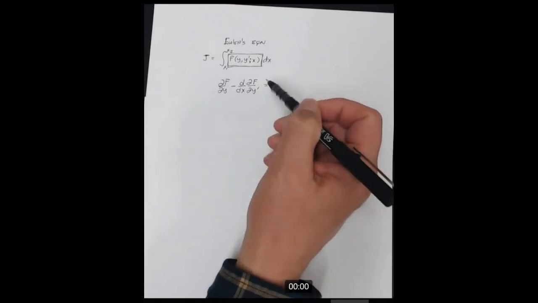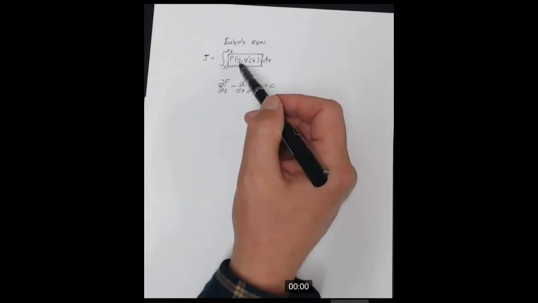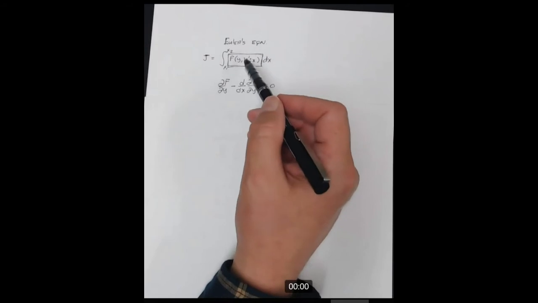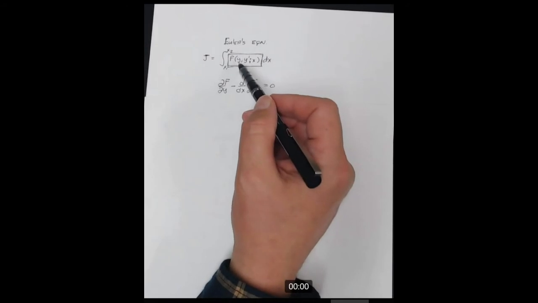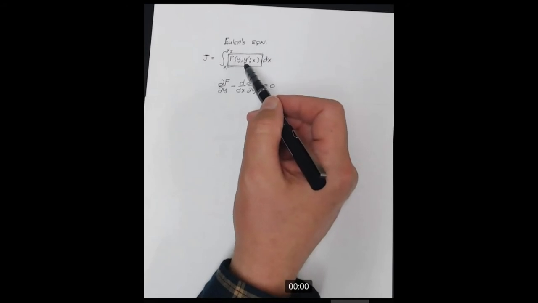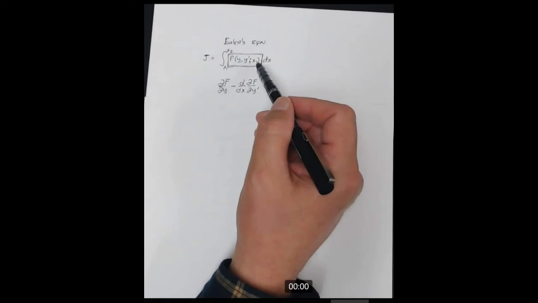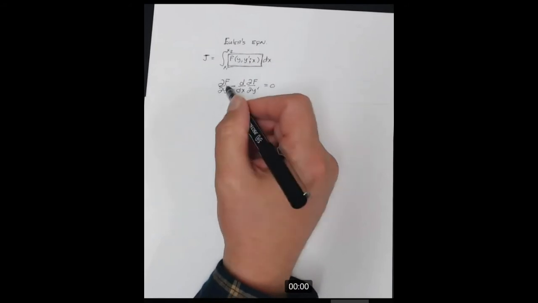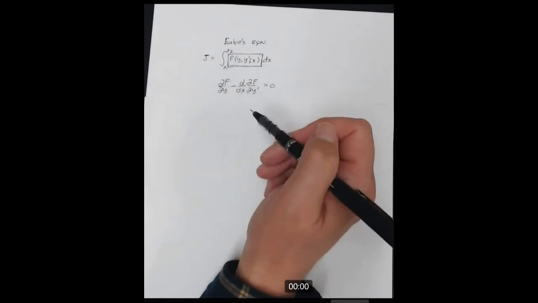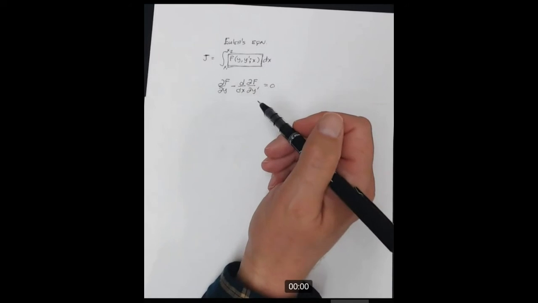So this functional is a function of the dependent variables y and y prime, the derivative of y, and the independent variable x. So this was Euler's equation. We derived that.